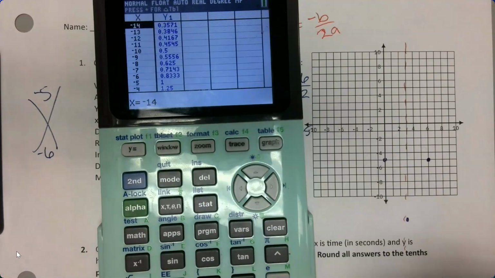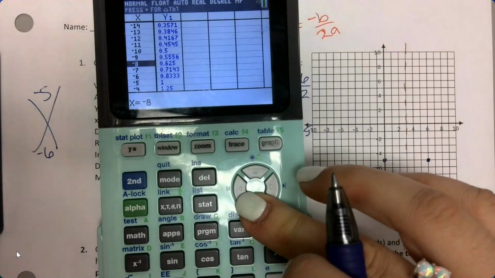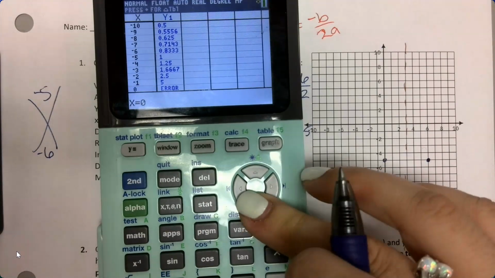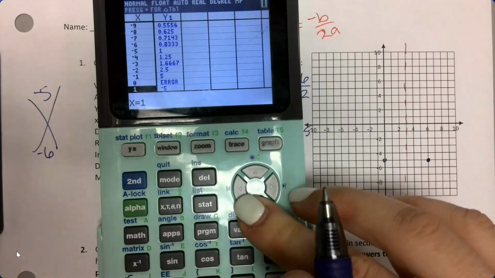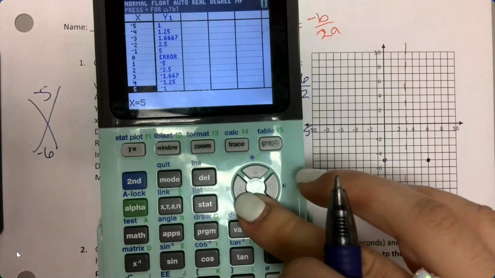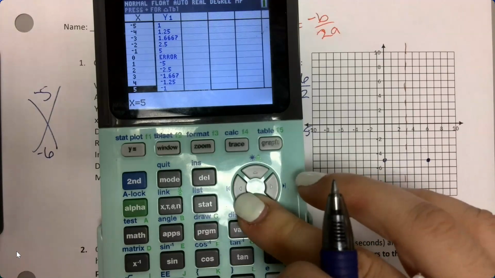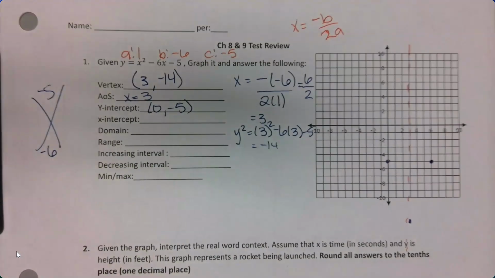Then I go second table to see the list of values. Negative 5 and 1 give me negative 4. It's not a nice value, so I'll have to graph this on the calculator and see in a bit.